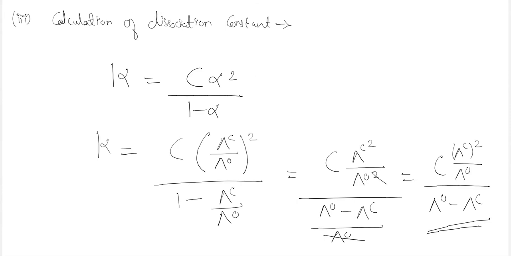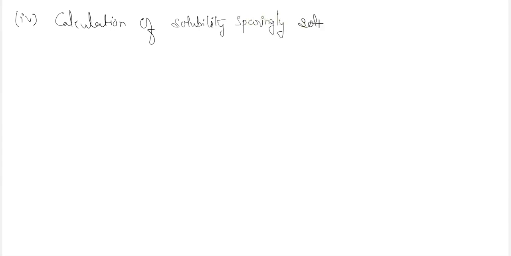Next, the last formula based on Kohlrausch law is the calculation of solubility of sparingly soluble salts.